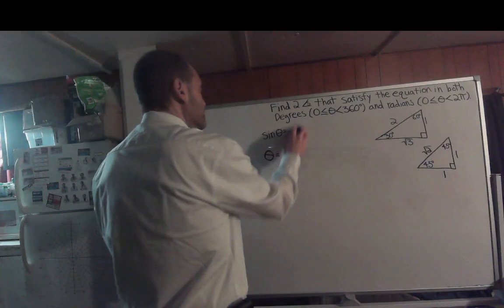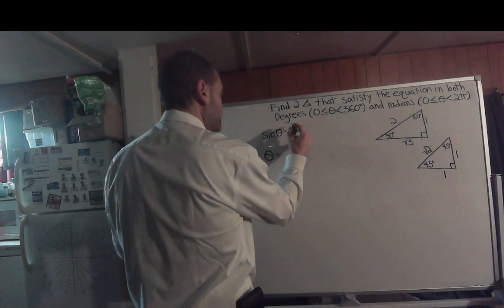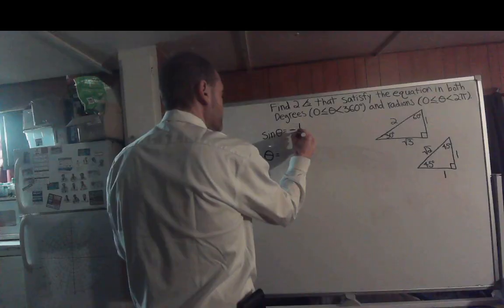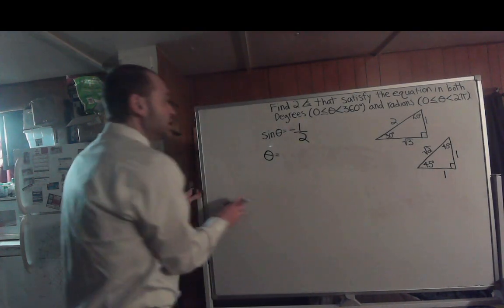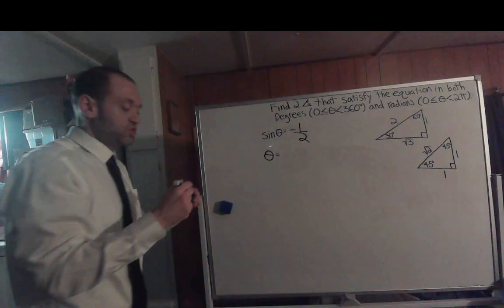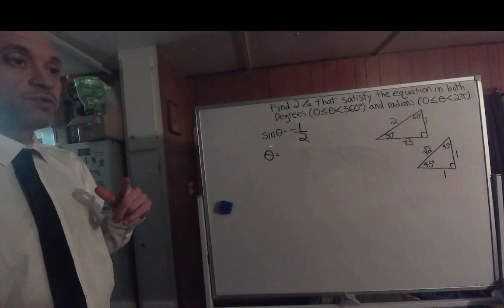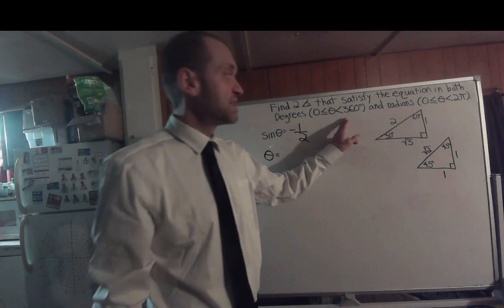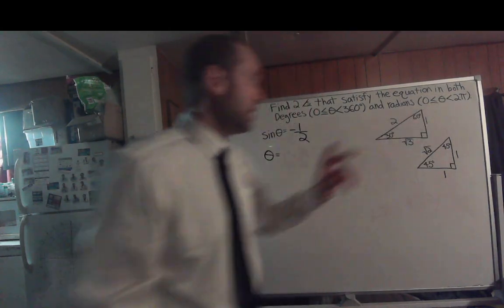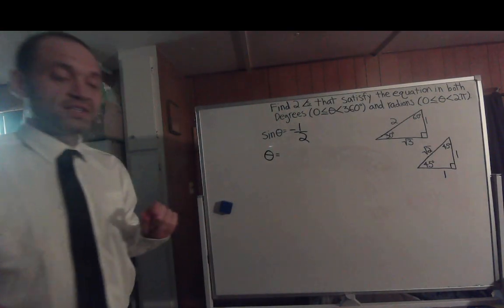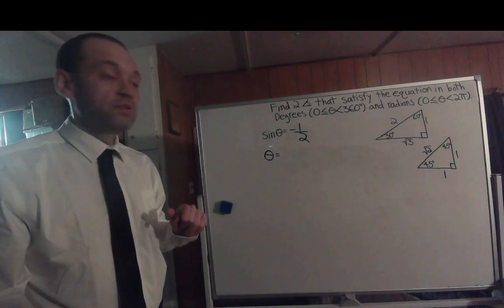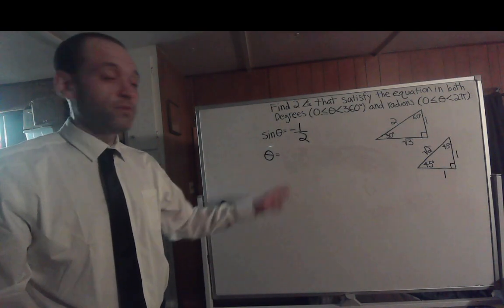Now let's change this a bit. We're going to do the sine of theta equals negative 1/2. So we need to find 2 angles, both in degrees and radians, from 0 to 360 and 0 to 2 pi. Well, when is the sine negative? That's going to be in the third and fourth quadrant, right?